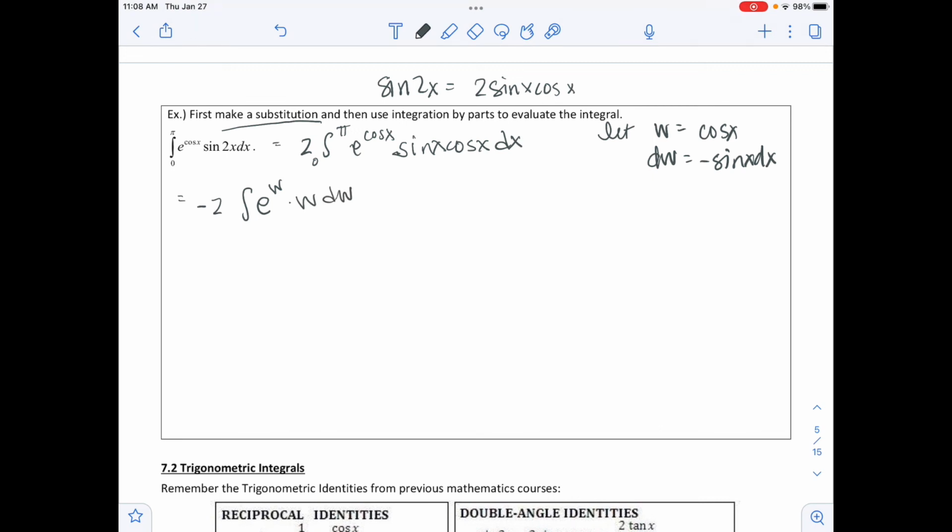And so from here, this looks very similar to ones that we've already done in this section. And I know that to integrate this, I will have to use integration by parts. But before I go any farther, since this is a definite integral, I do need to write down those new limits of integration. So I'm going to substitute the upper limit of integration into my w substitution. This would be evaluating at cosine of pi, and for the lower one it would be cosine of 0.